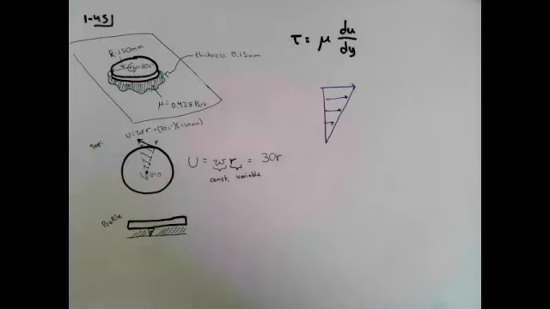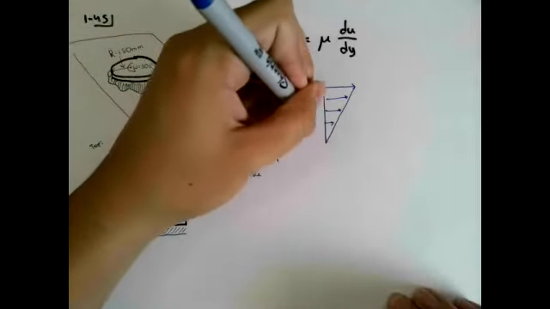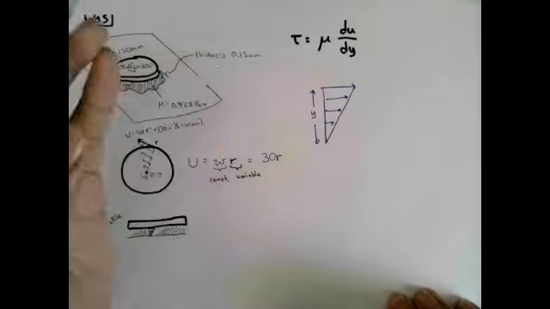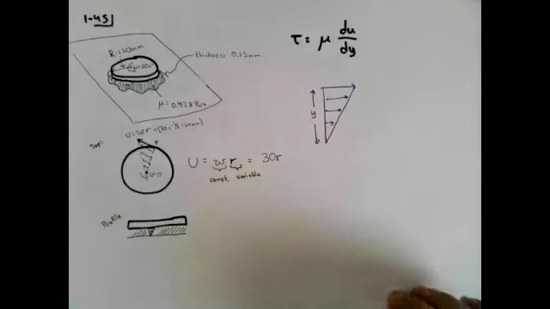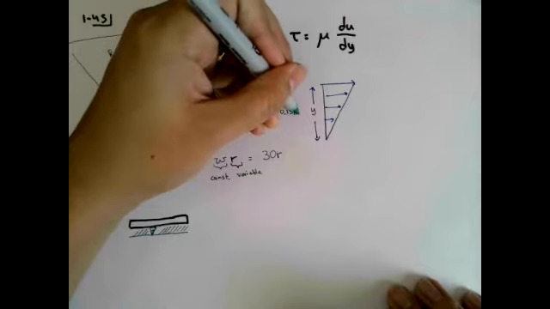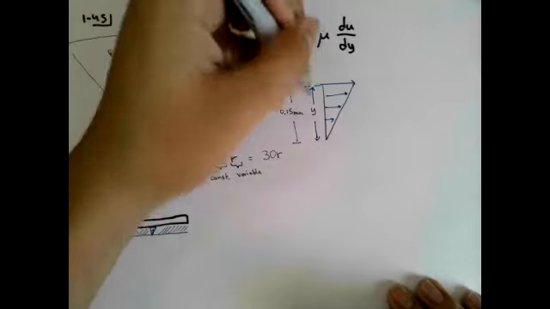So if this is my y-axis, we also know that the thickness of the fluid is 0.15 millimeters. So I'm going to write down the thickness here as 0.15 millimeters, and that is the measurement of the total thickness of the fluid.